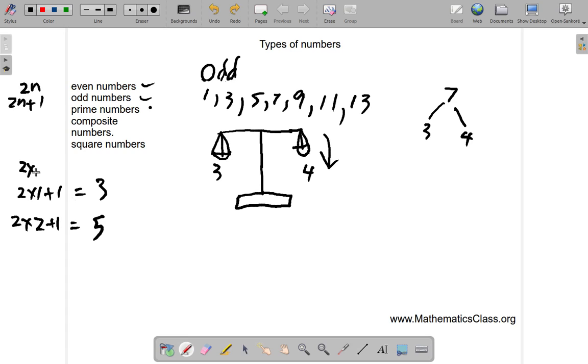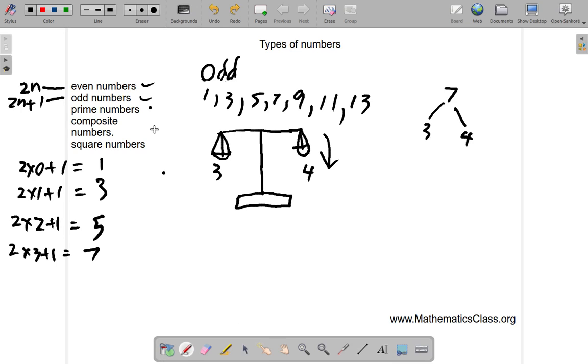Suppose you have 2 by 0 plus 1. It's 0 plus 1, which is 1. So you have 1, 3, 5. 2 by 3 plus 1, that's 2, 3, 6, and 1, 7. 7, and so on. So this is a formula that gives you odd numbers, and this one gives you even numbers. Alright? So that's even and odd numbers.